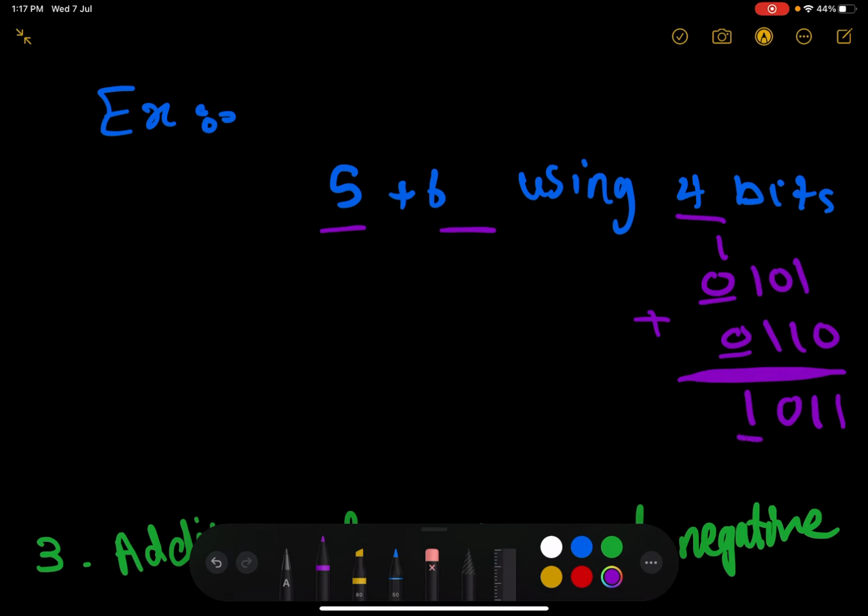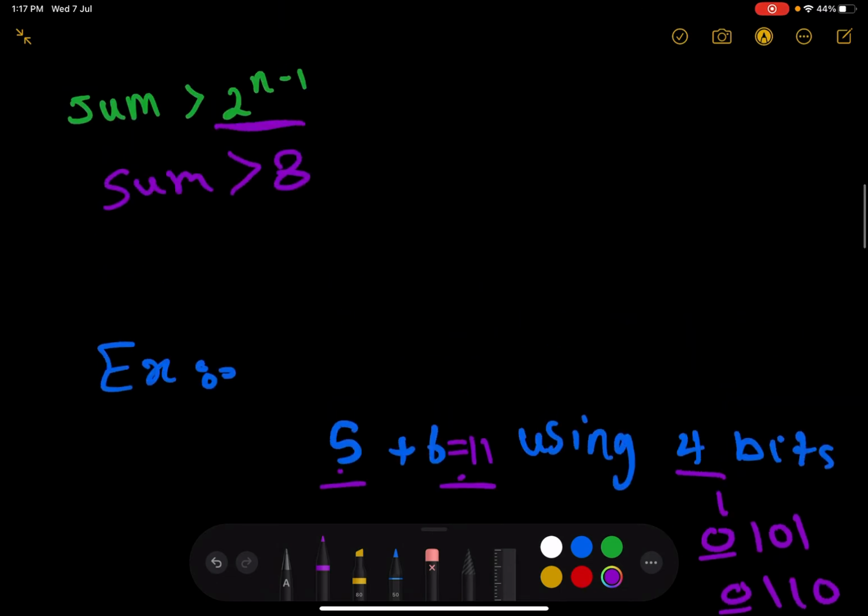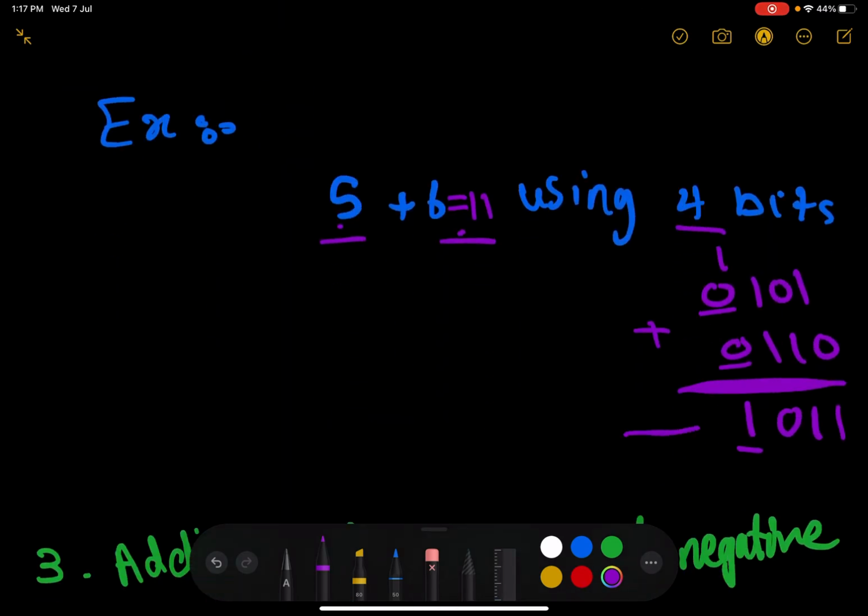Also, the answer of 5 plus 6 is 11, and 11 is greater than 8. So here we got a wrong answer. It requires more bits to represent 11, and we have an overflow.